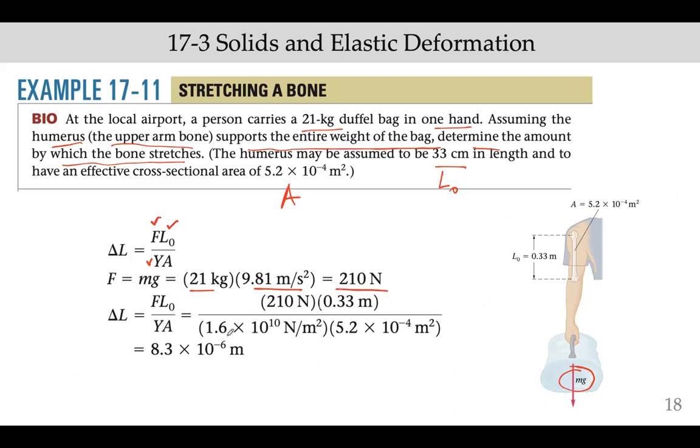Area is given, so everything is given, and I can calculate the extension. It's about 10 micrometers. This amount of extension is really small. It's comparable to the diameter of a hair, but still there's some extension.